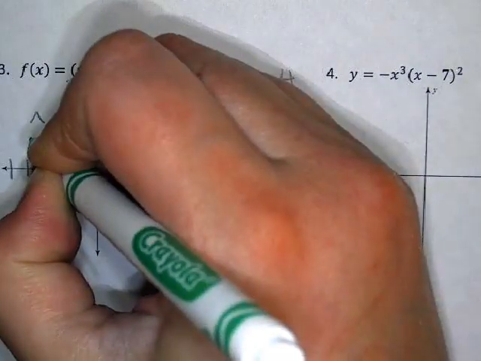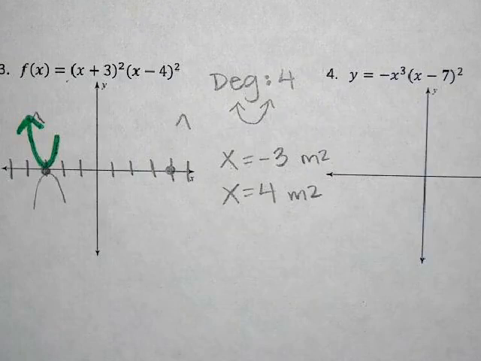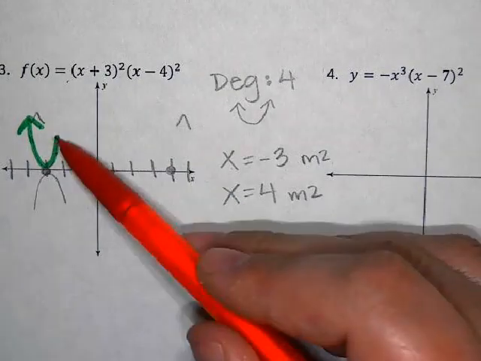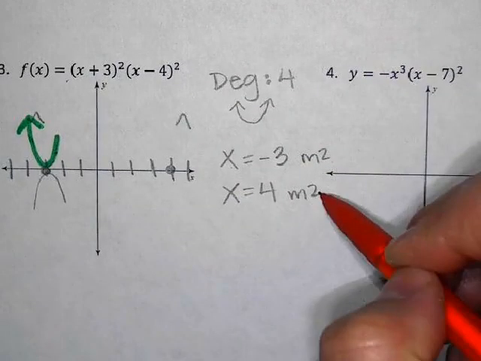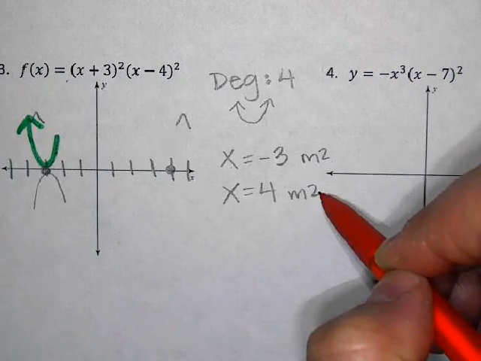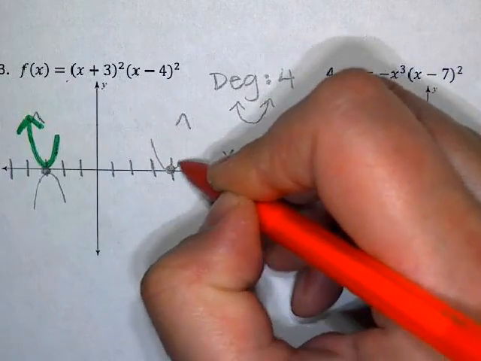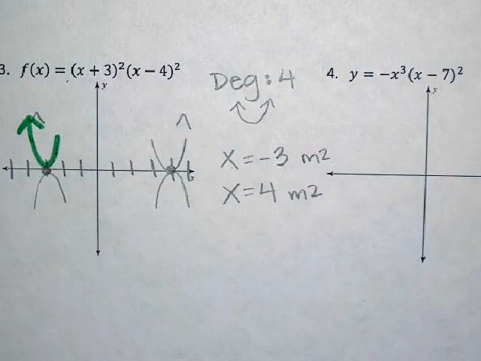All right, and then for this one over here, we have to connect to the green. We also have to connect to this arrow. It's a multiplicity of 2, so that's the U shape. It's going to bounce when it hits the x-axis. Should we draw the U shape above, or should we draw the U shape below? We should draw it above again. So above.